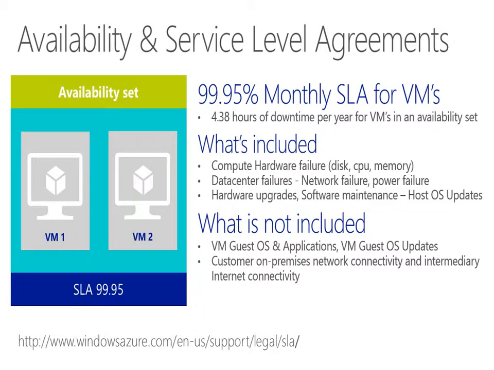We have, from a Windows Azure perspective, a very strong SLA. We provide a 99.95% monthly service level agreement for virtual machines that are configured appropriately on Windows Azure in an availability set. That translates to about 4.5 hours of downtime per year. So it's a very strong uptime measurement.